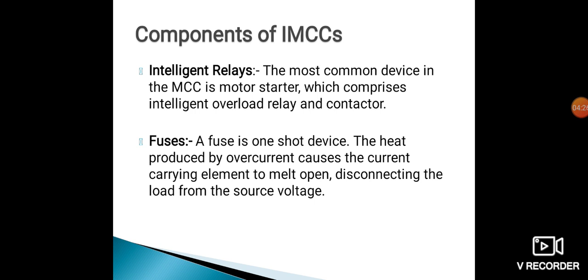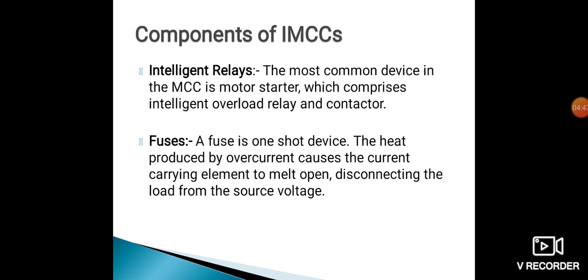Now fuses. A fuse is a one-shot device. It is a single device in which the heat produced by the overcurrent causes the current carrying element to melt open, disconnecting the load from the source voltage.